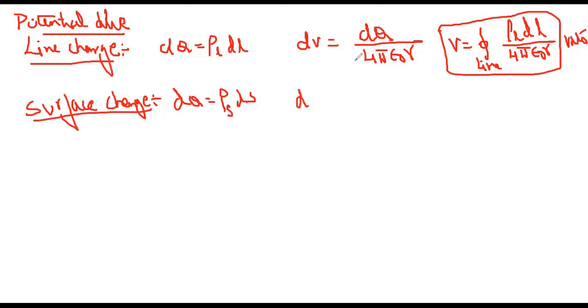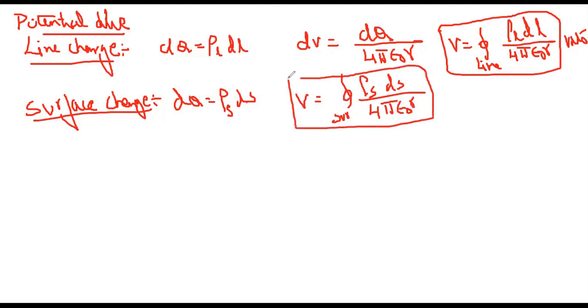You can use the point charge only. V is equal to, now it becomes the surface integral of rho S ds by 4 pi epsilon naught R, which is also in volts. Got it?